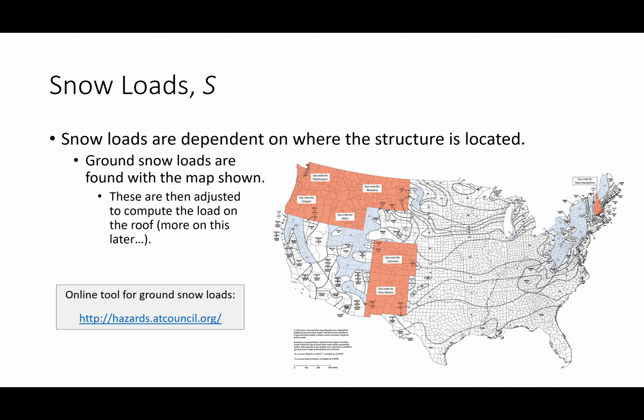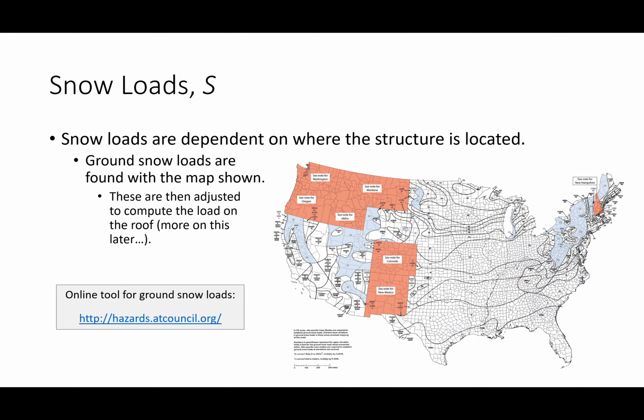I'm just going to get into the high level. So the way ASCE7 works is ASCE7 reports what are called ground snow loads. So these are the upper bound snows that you could expect on the ground. And then it is your responsibility to convert those to loads that you would see on the roof.